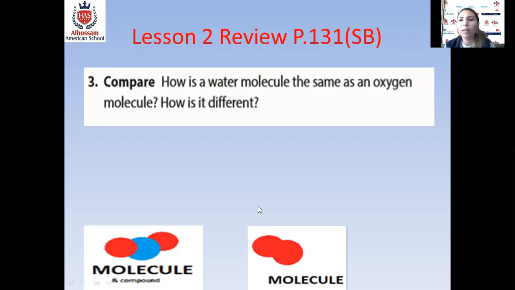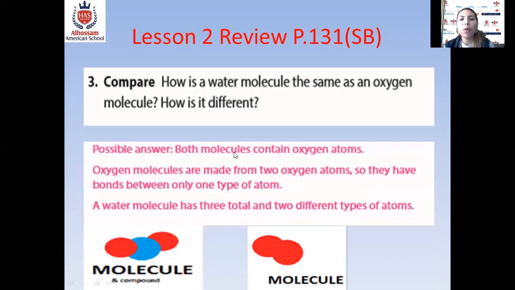And let's see the answer. So the answer is both molecules contain oxygen atoms. Oxygen molecules are made from 2 oxygen atoms, so they have bonds between only one type of atom. While a water molecule has 3 total atoms and 2 different types of atoms.